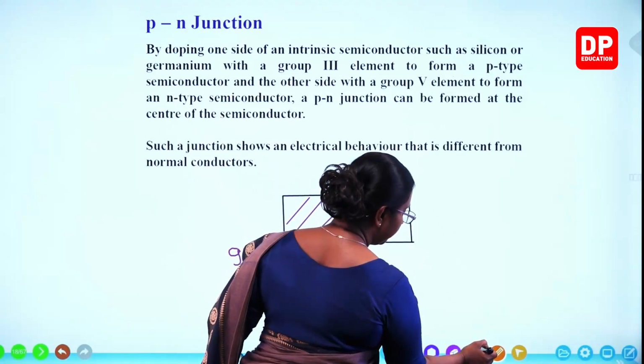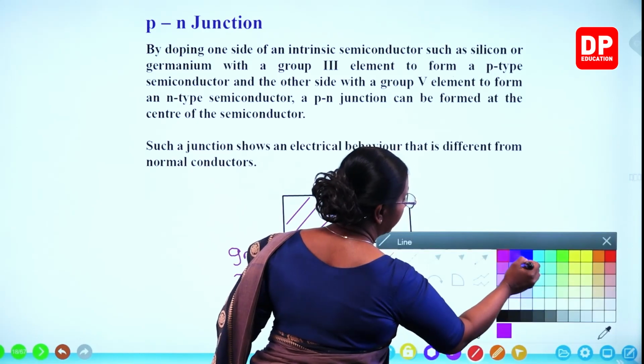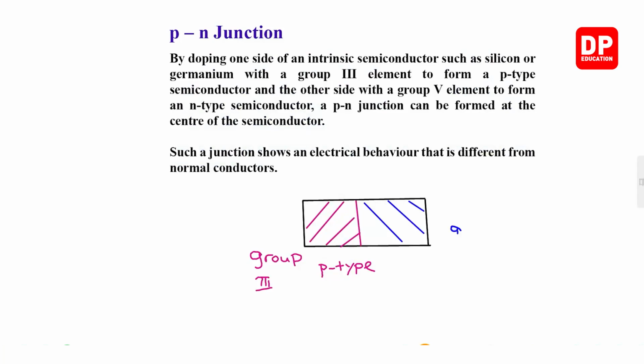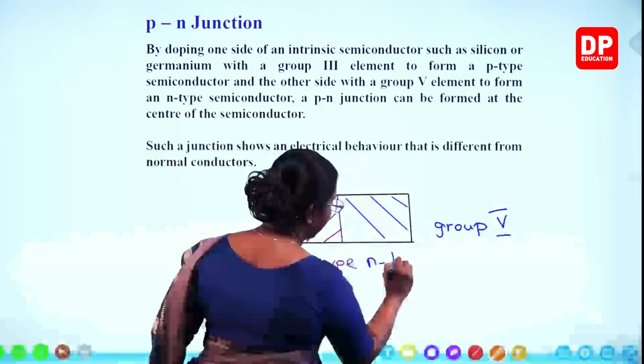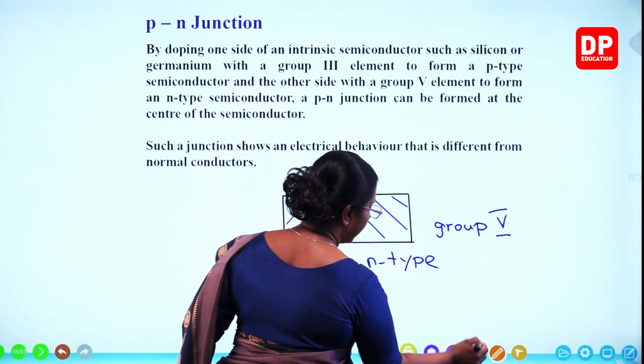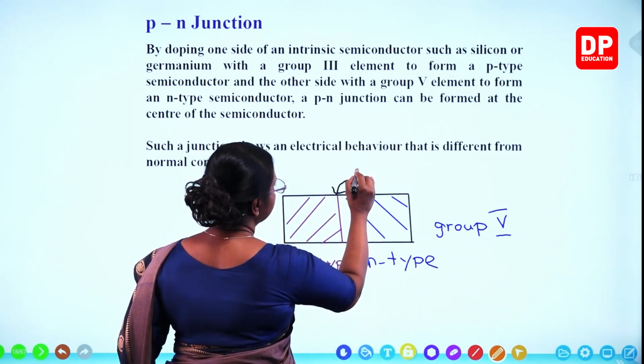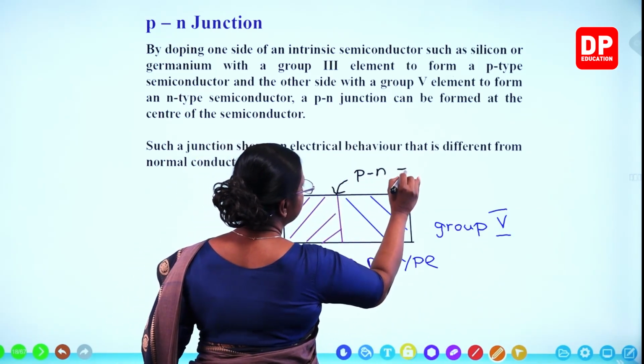At the same time, the other side, we dope it with group 5 elements. When you dope with group 5, we get the N-type. And this thing is a PN junction.